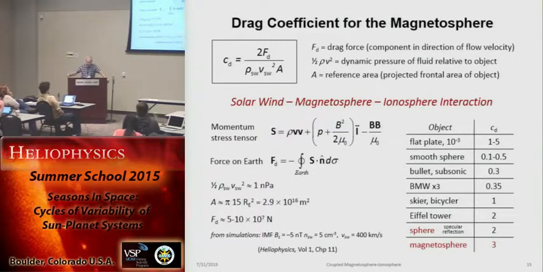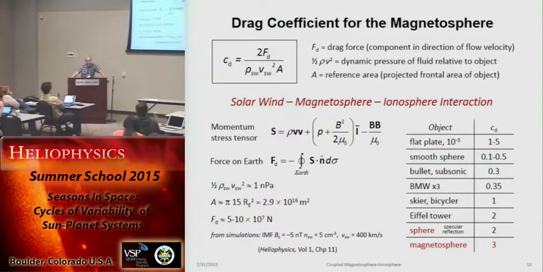But in one of the heliophysics textbooks, in particular the first one, I don't think it's actually called Volume 1, but it's the first textbook, Chapter 11 by Toffoletto and Cisco, they actually calculate the drag force using several different global simulations, and they're within a factor of 2 of each other, which means that the numerics do matter, how you actually solve the equations. And so I use their numbers to try and get an estimate of the drag coefficient for the magnetosphere.